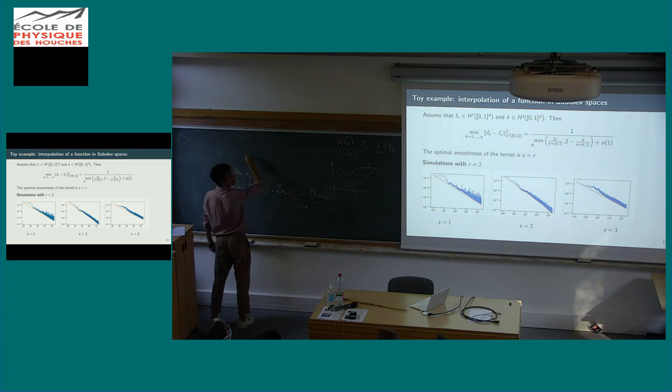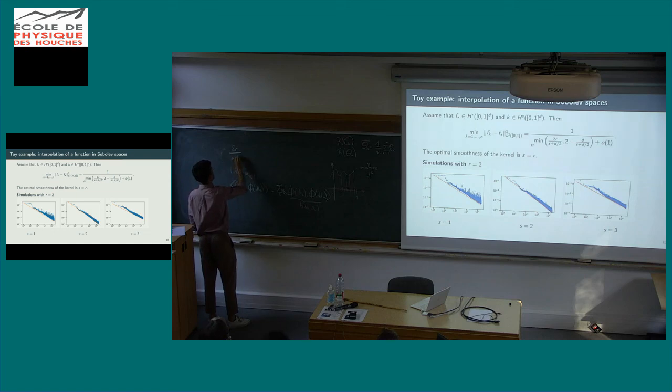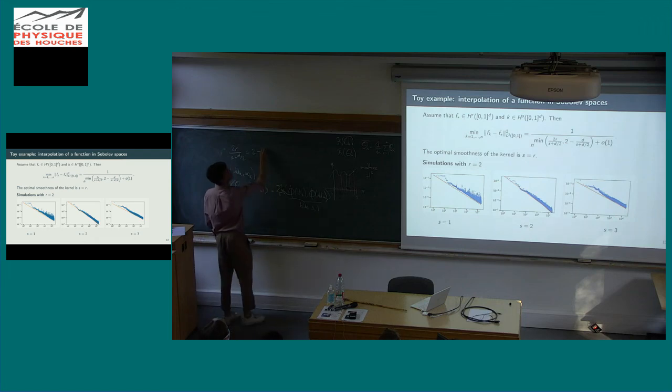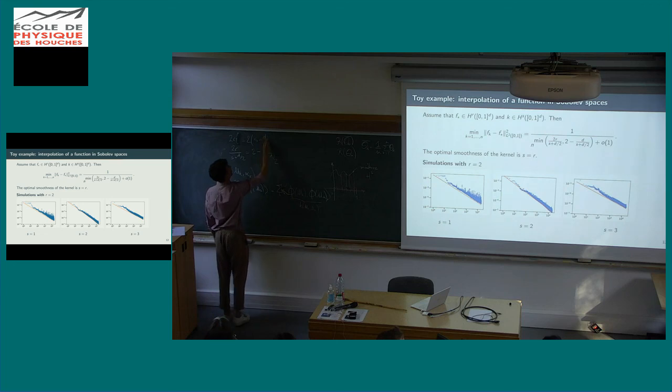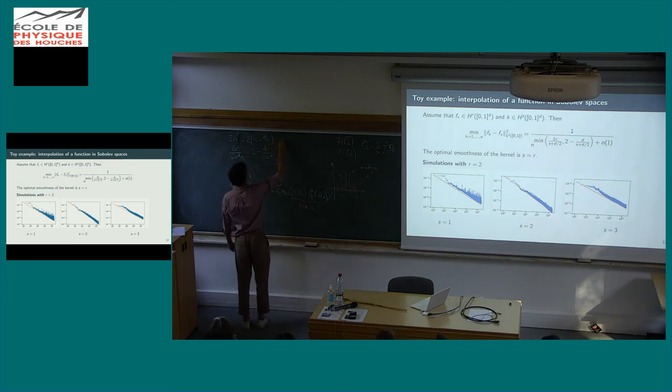So the optimum is reached when the two things in the minimum match. S plus d over 2 is equal to 2 minus d over s plus d over 2. I multiply by 2r equal to s plus d over 2 minus d.